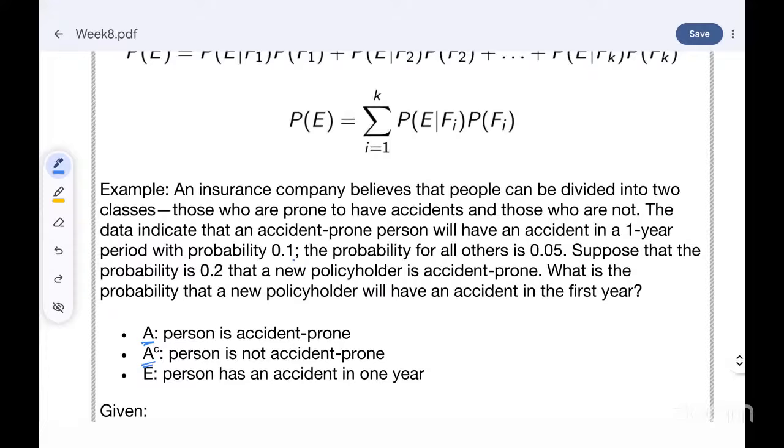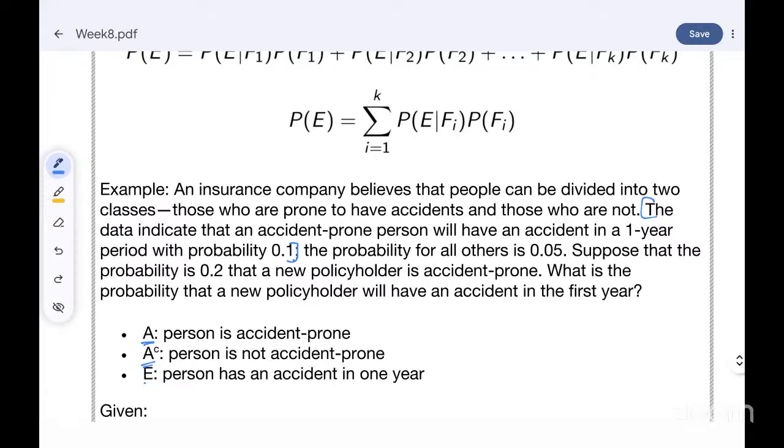So what is this probability actually? What is this statement saying? Can anyone try to explain? Use terms of probability. Suppose let us say E is the event that the person has an accident within 1 year. How can you explain this statement in terms of probability? Anyone? Can you give a try?